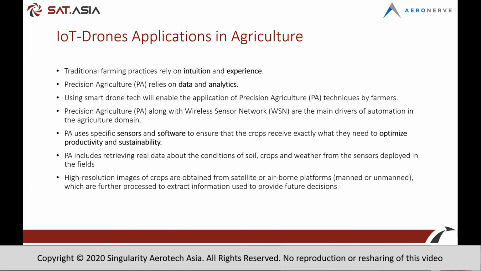When we talk to, for example, Lembaga Perindustrian Nanas Malaysia, LPNM, farmers come to them, for example, to learn how to plant or produce pineapple.